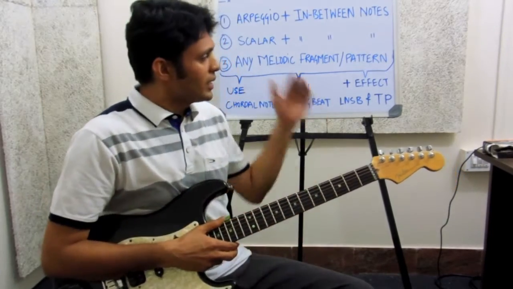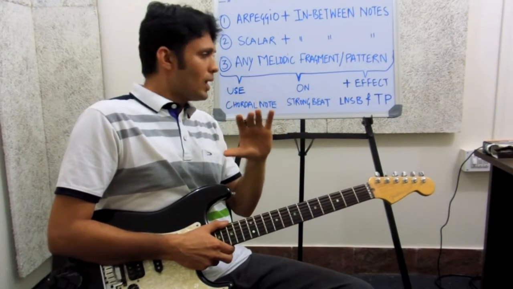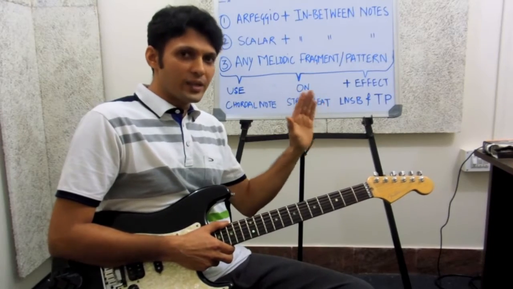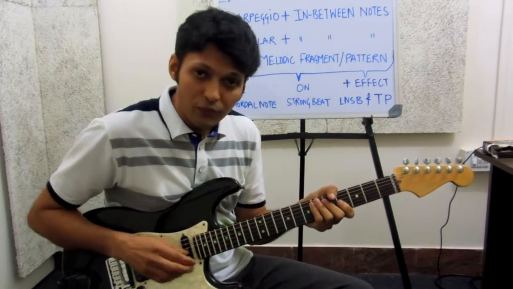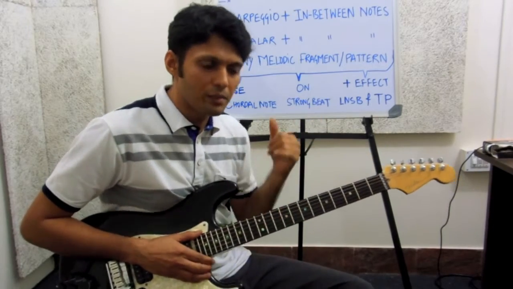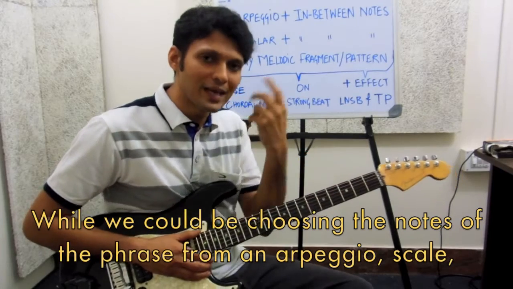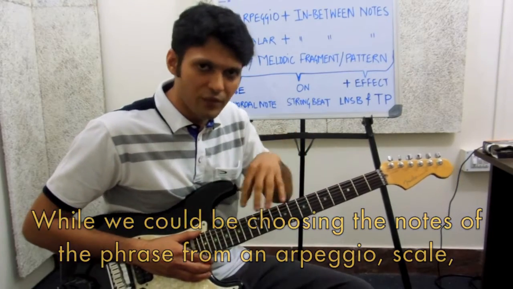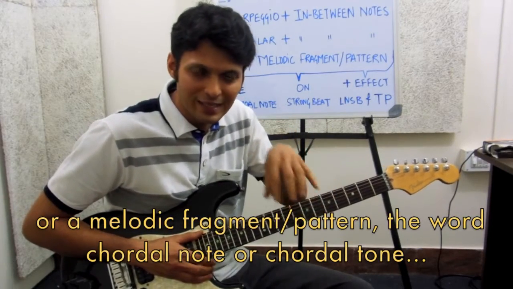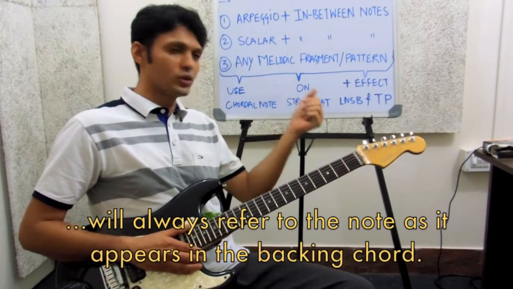And next, against both these examples, I want to see if we're faring well with the 3 tenets that we set out right at the outset. Now the first tenet said to use a chordal note on the strong beat. Now remember, when I mean a chordal note, we're playing against a backing, and that's the chord that we're talking of. Even if you're playing the notes of the scale against that chord, we're talking about using the chordal note on the strong beat.